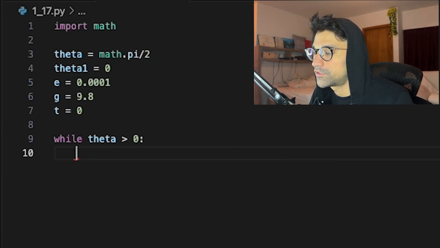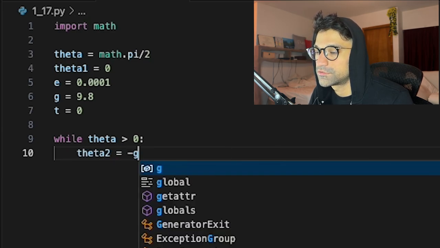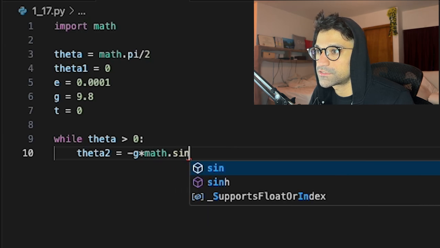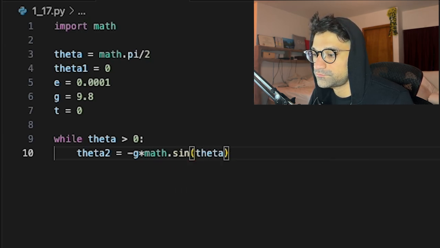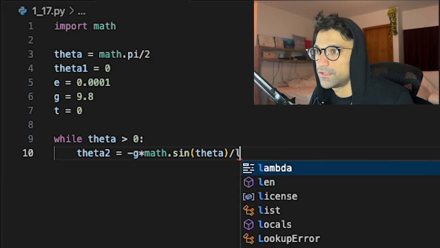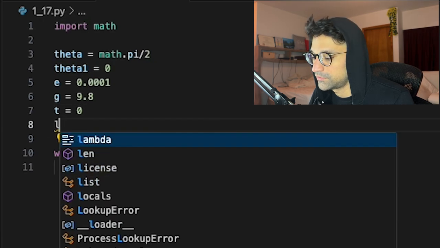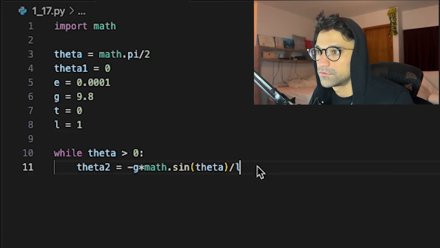So theta 2 is going to be minus g times math.sine of theta divided by L. I forgot about L. L equals 1.